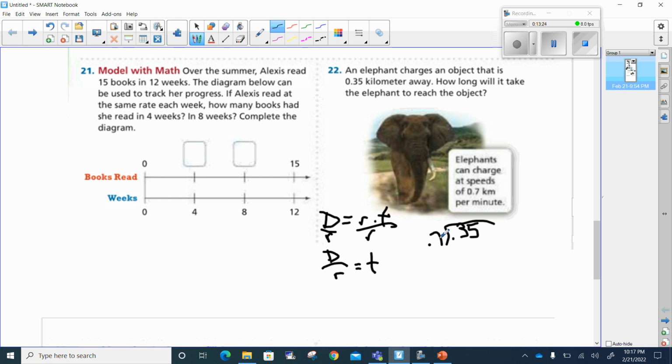Now I know I have to move my decimal over 1, which means I have to move this one over 1. And I know 7 goes into 35 5 times, so this would be 0.5.